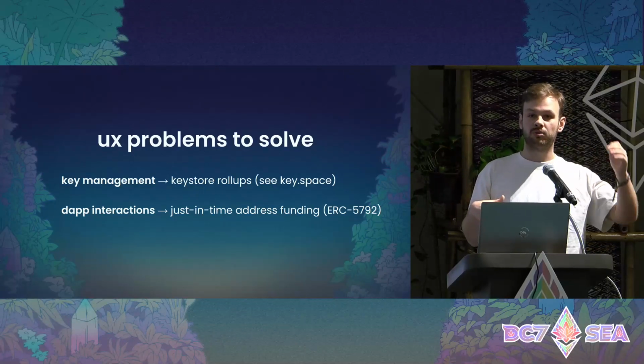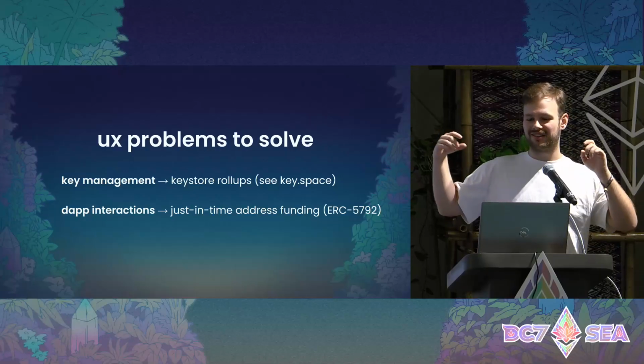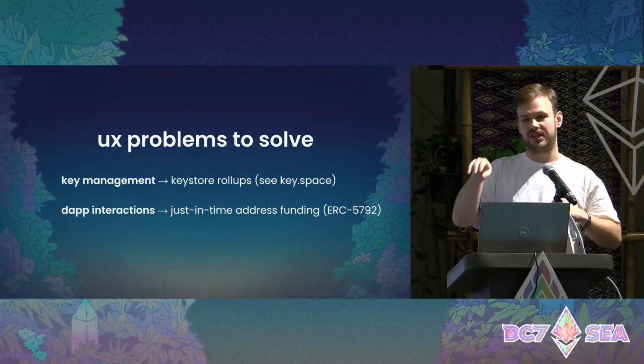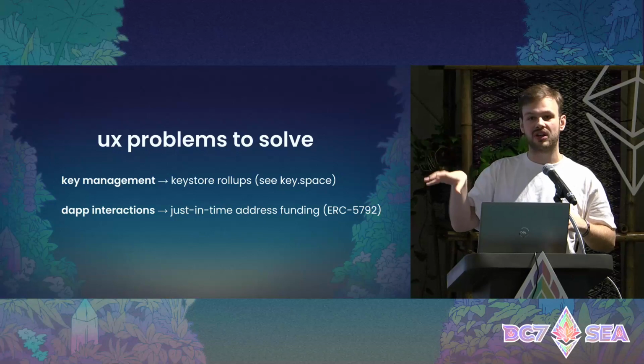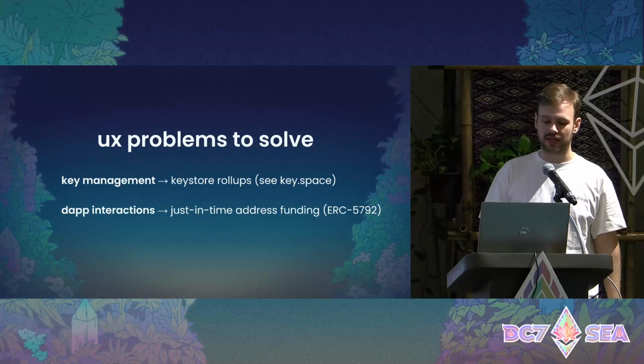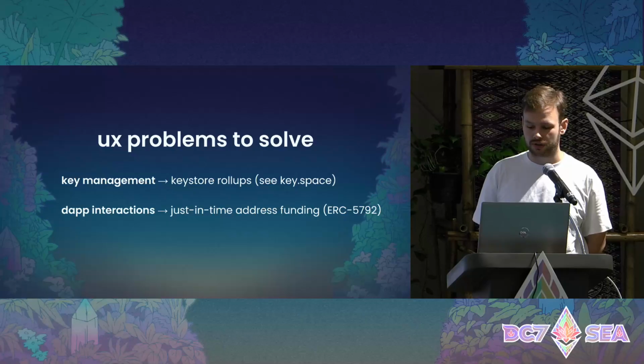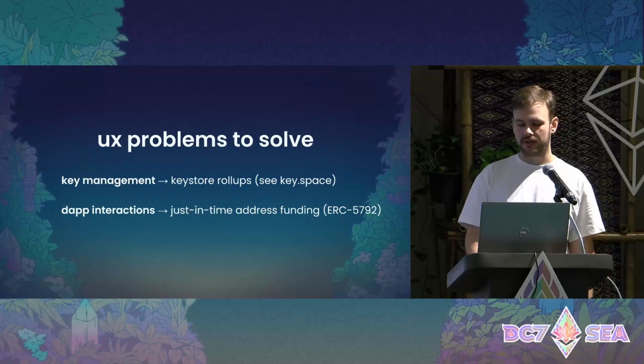And then at the moment of the signature and the transaction being executed, that's when we, in that transaction, also move the funds to the address. But the user doesn't have to move funds before executing any transactions or interacting with any dApps. So that's, I think, also a big UX improvement we still need to work on, and that's being worked on with ERC 5792. That's it from my side.